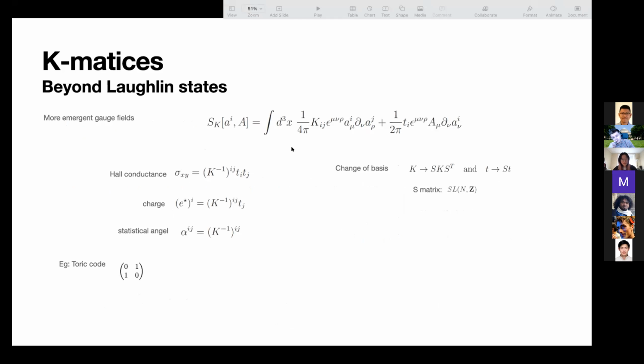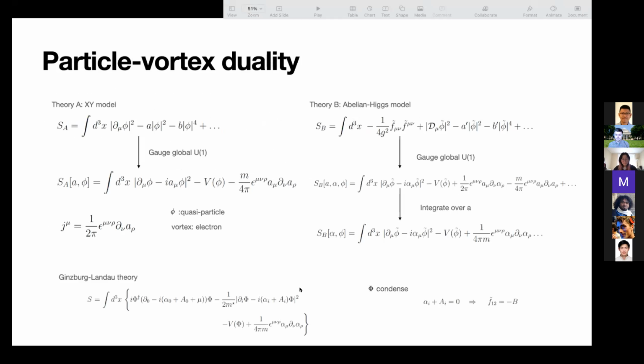This effective action is obtained by integrating over the matter field, so we can put the matter field back to see what happens. I actually want to talk about the particle-vortex duality.